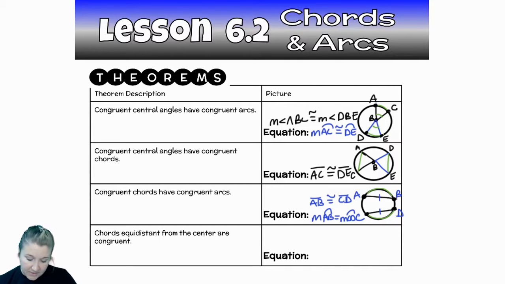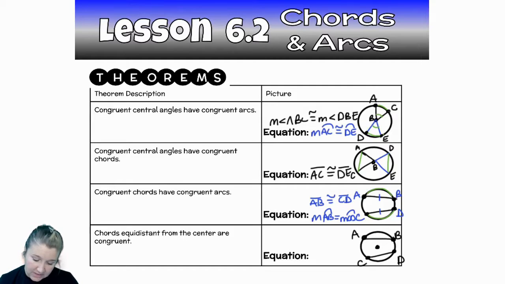All right. And then the last one, chords equidistant, so the same distance from the center, are congruent. So again, if I have my circle and I'm going to have two chords here, I'm going to draw them very similar to what we just had. So this is A, B, and this is C, D. And here's my center.